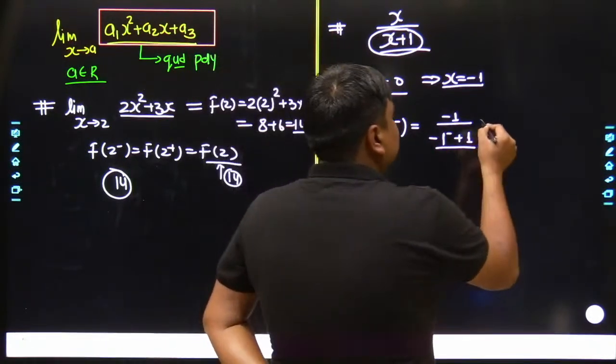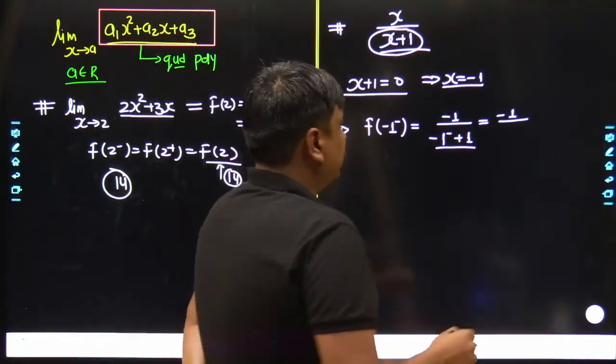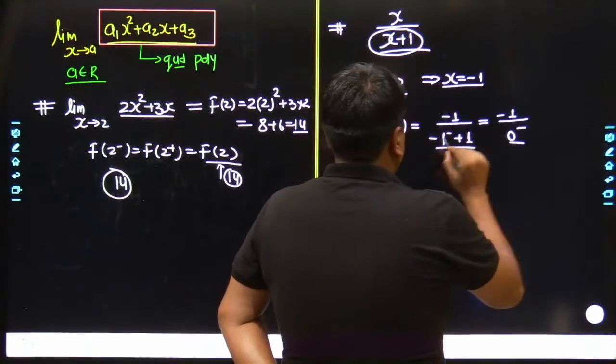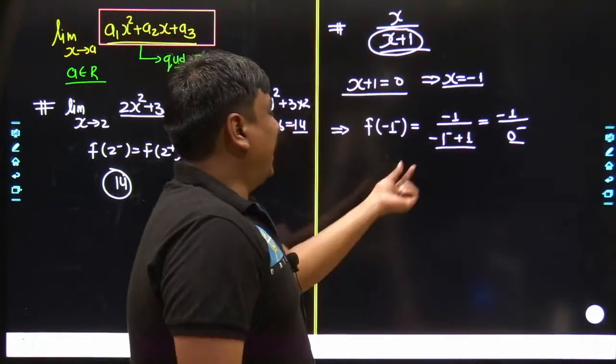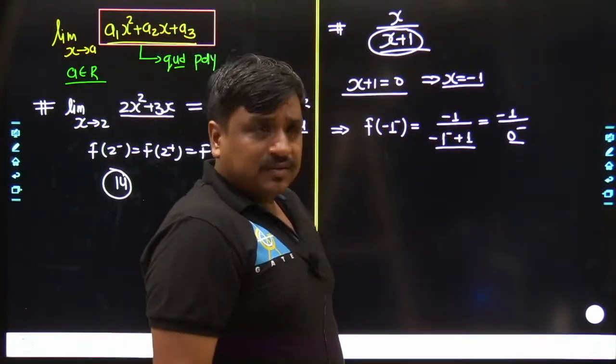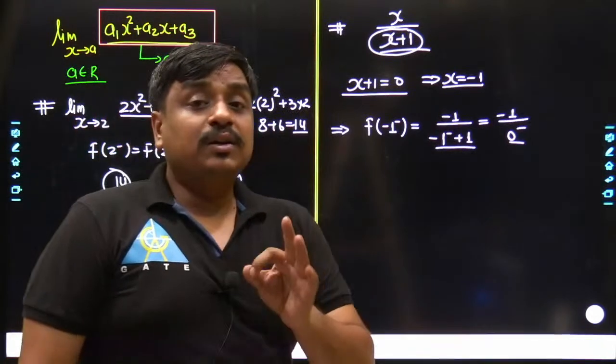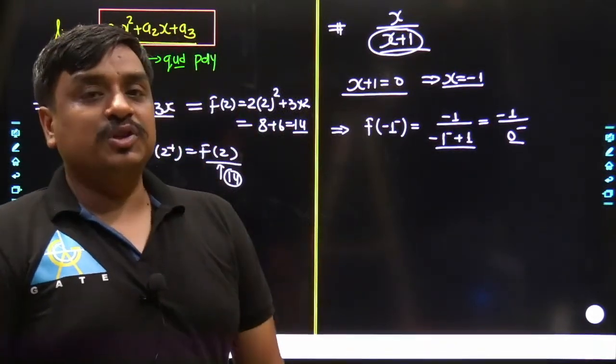So the result we are getting is simply minus 1 divided by 0 minus. As far as the magnitude is concerned, their magnitude is almost 1 but the polarity is reversed, so once you add them together the worth would be 0. But would the polarity of 0 be positive or negative?